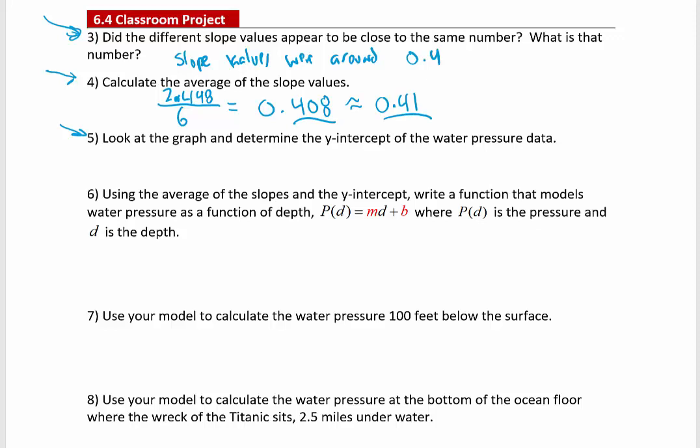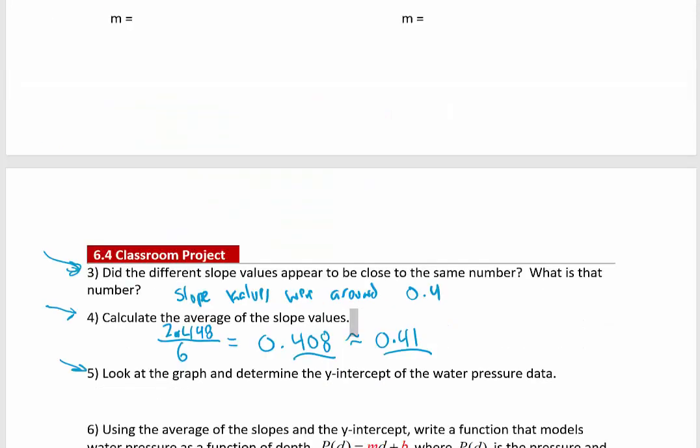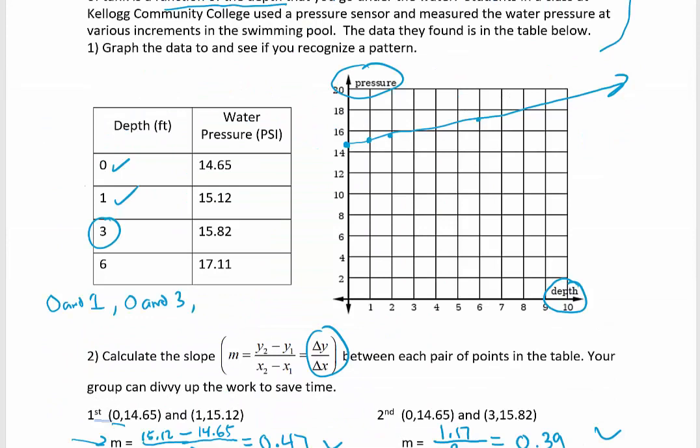Okay? Now let's look at question 5. Look at the graph and determine the y-intercept of the water pressure data. So let's go back up to our graph here. Okay? So we're looking at our y-intercept, which is occurring right here. And we could look at our graph and go, oh, I'm going to estimate that to be such and such, but you know what? It's right here. If we have an x-coordinate of 0, that is going to be our y-intercept.